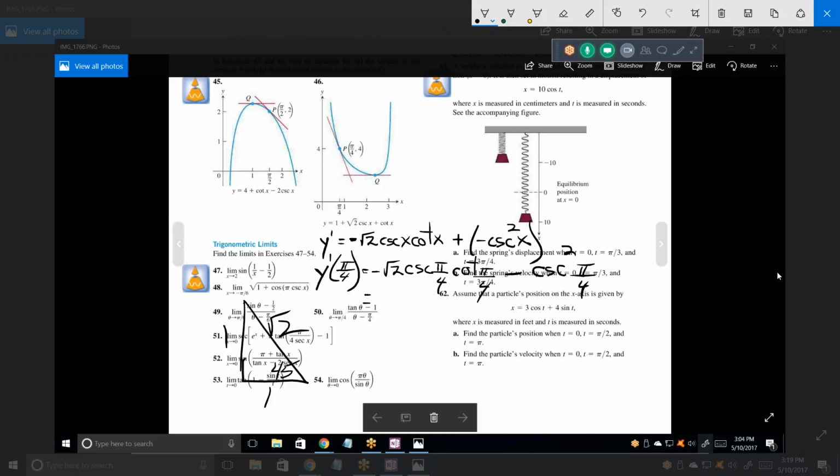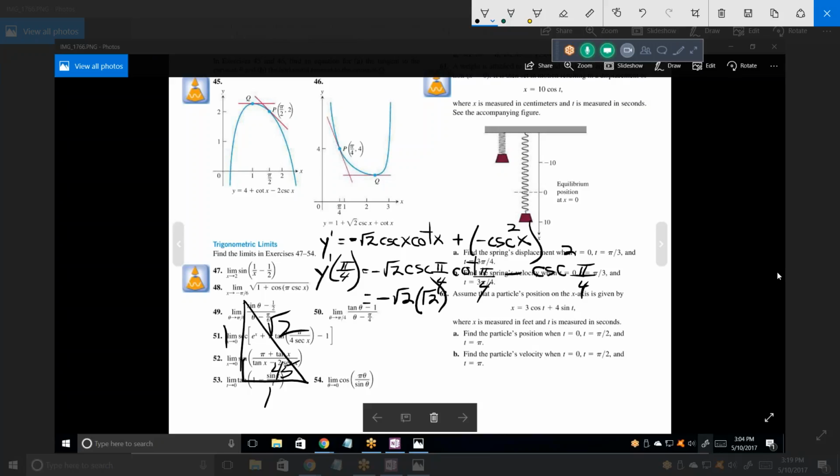Right. So let's see. It's minus root 2 times root 2 times cotangent of pi over 4, which is what? I believe root 2, that's 2, negative 2.